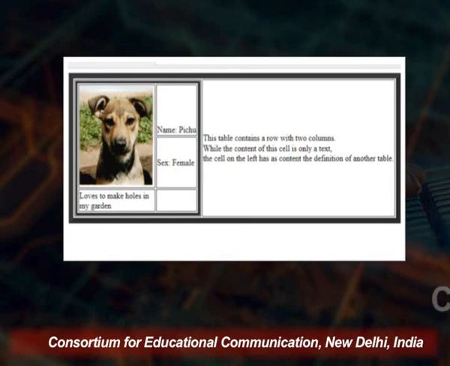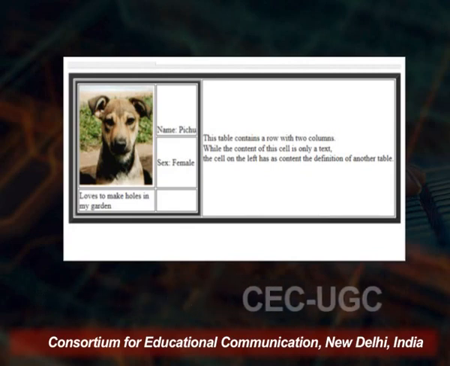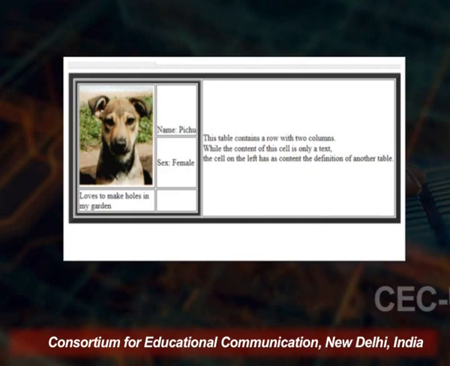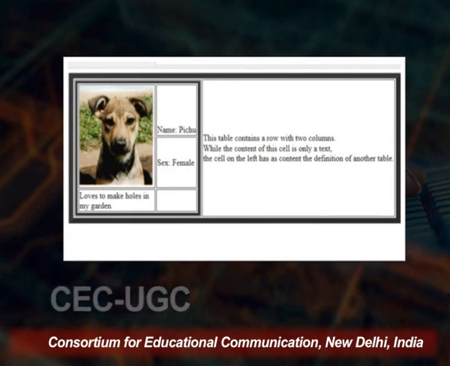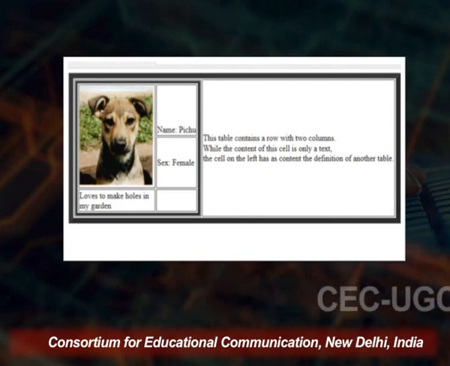Then also there is an important attribute, that is the valign attribute. If you can see here, within a cell also you can align the contents vertically, right. So, you can see in the first cell it is written name is Pichu, which is at the bottom of the cell, but in the second cell where you can see sex is female, that is written in the middle.